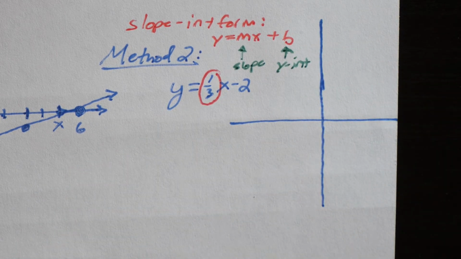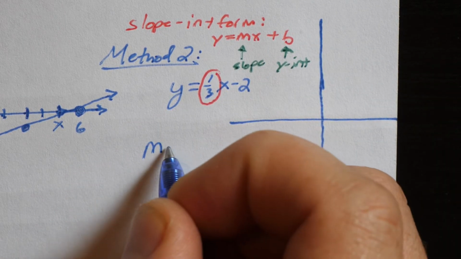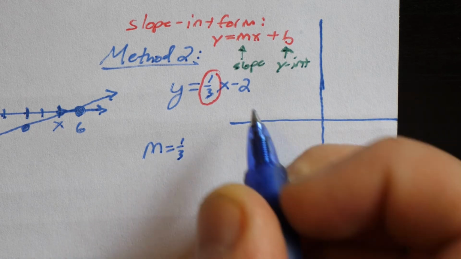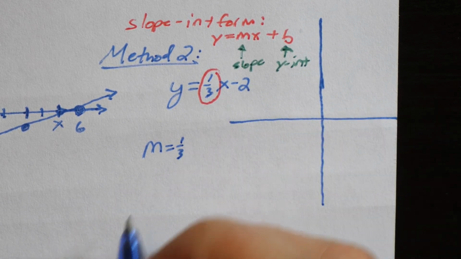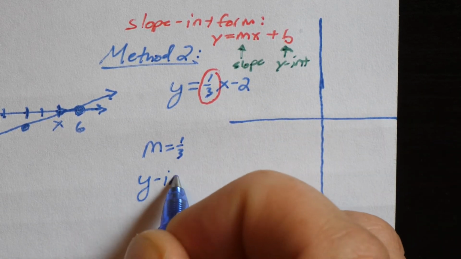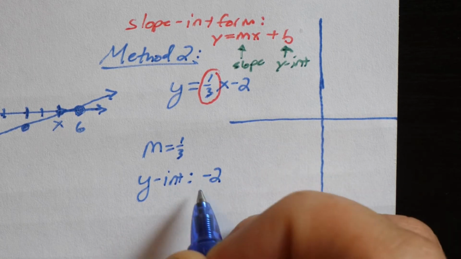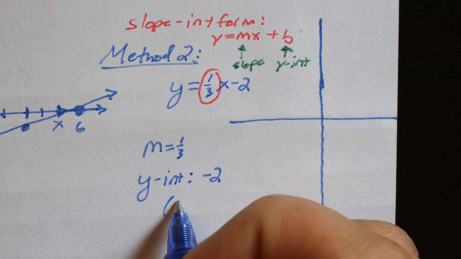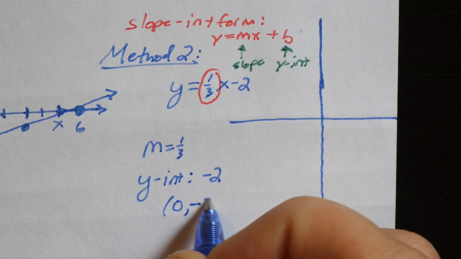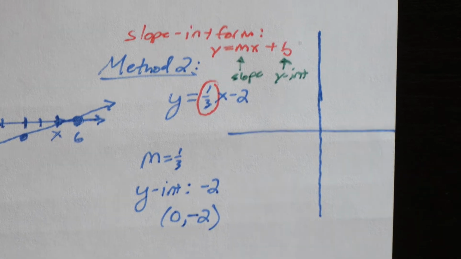So we have m equals 1/3. And what's our y-intercept? This is our y-intercept. Our y-intercept is -2, or the point 0 for x, -2 for y.